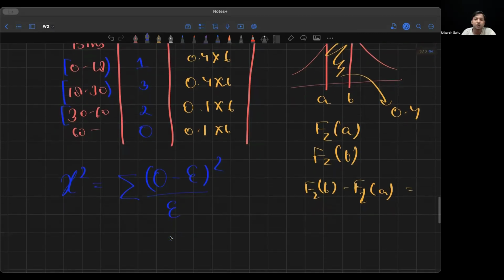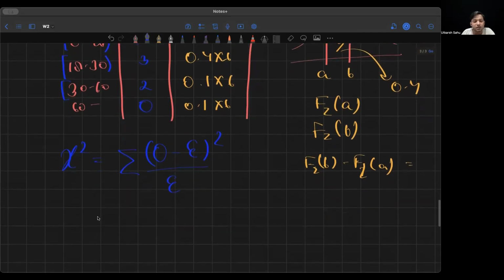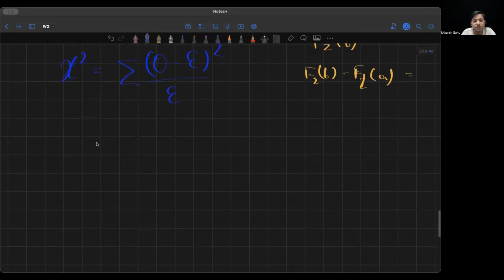This is how you find your test statistic. And when do we reject or not? Let's say after doing all this, we get something like chi-square computed. And then from your table, you will have a standard value, which would be the critical value.